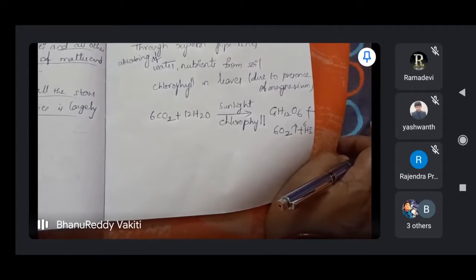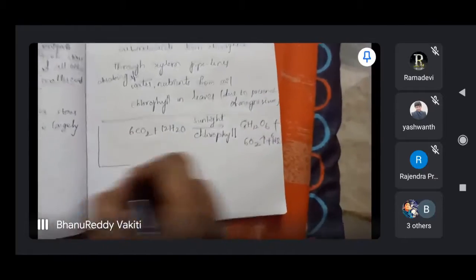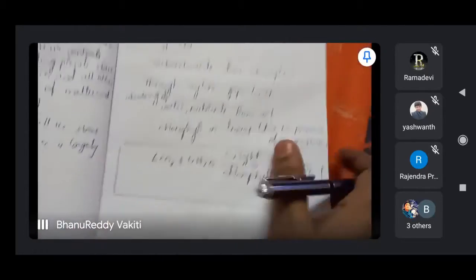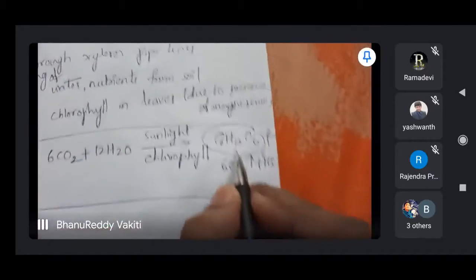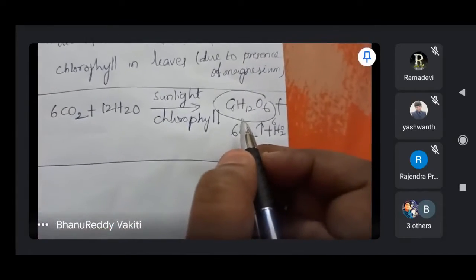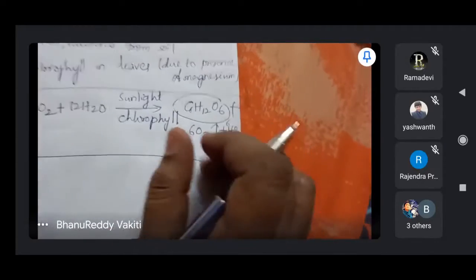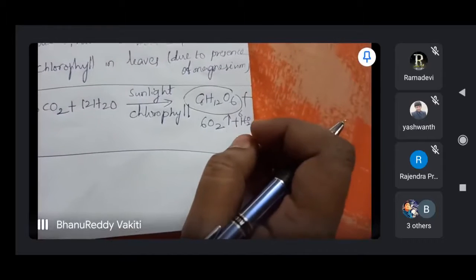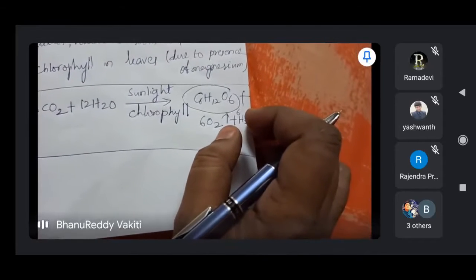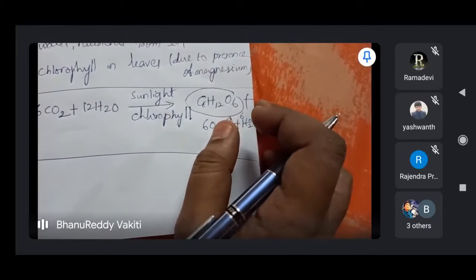This is the photosynthesis equation you have to understand. This is the carbohydrate, glucose, whose production is possible in the case of plants. This is the process of photosynthesis, which releases oxygen to the atmosphere and takes carbon dioxide in, so the environment will be very clean.